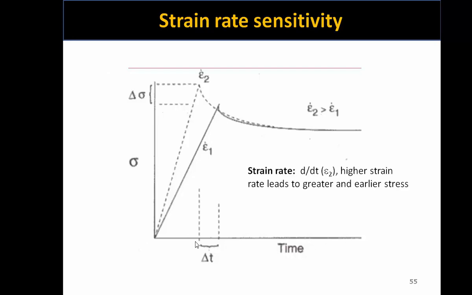And so when we think about strain rate, it's the rate of strain as a function of time. So higher strain rate leads to greater and earlier stress. And so what we have here in one situation, so we're not comparing two tissues here, we're comparing the same tissue.